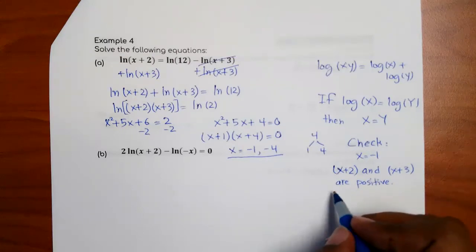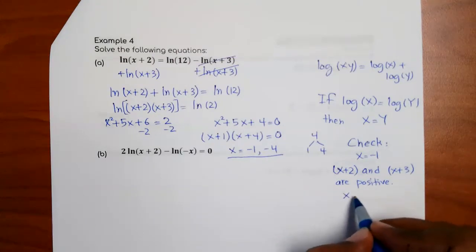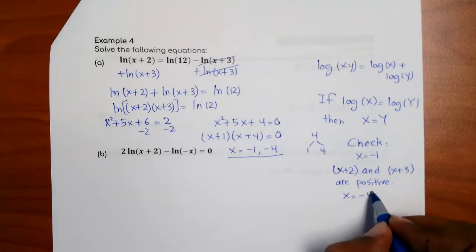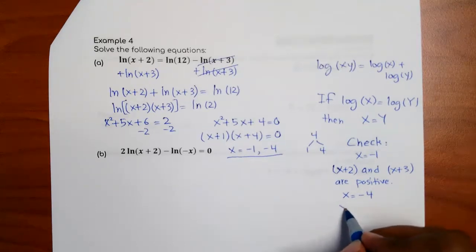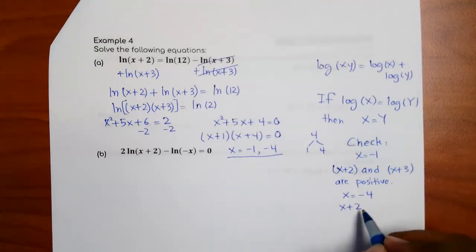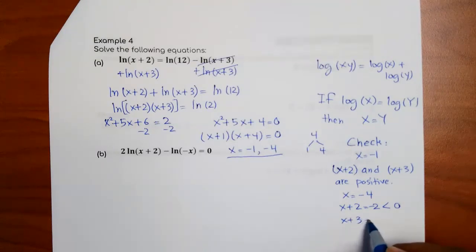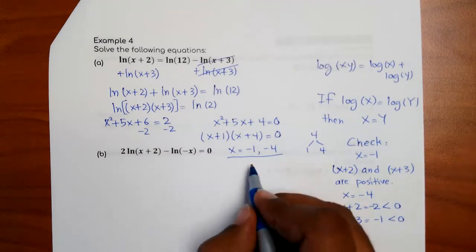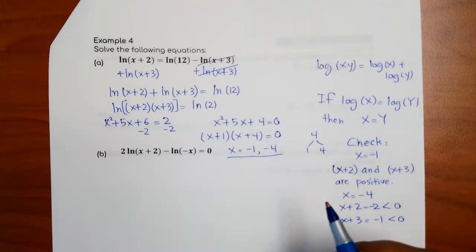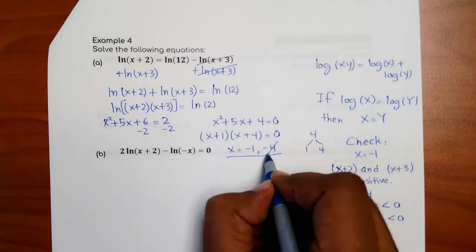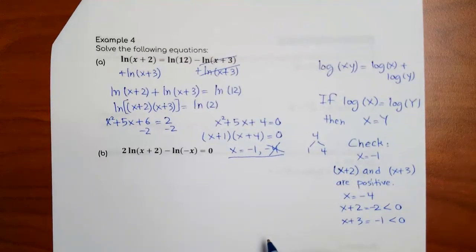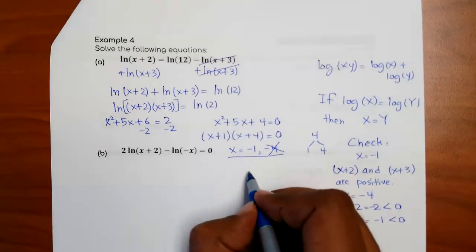If x is equal to -4, then x plus 2 becomes -2, which is less than 0, and x plus 3 is equal to -1, which is again less than 0. So we say that this is an extraneous solution and this is the real solution.